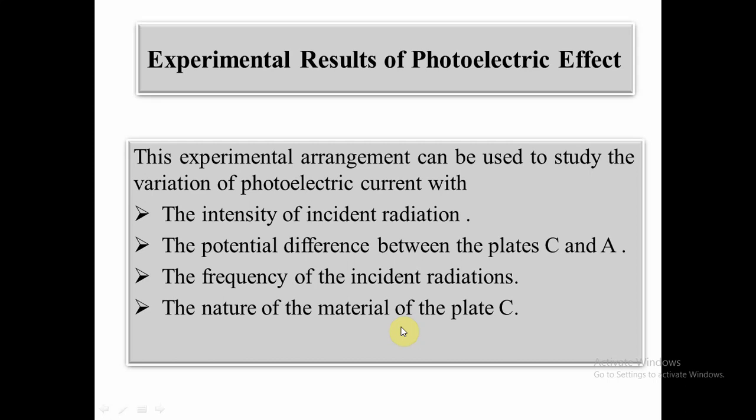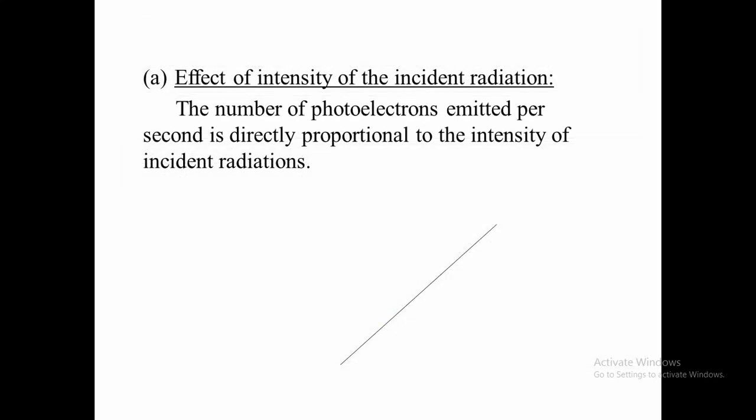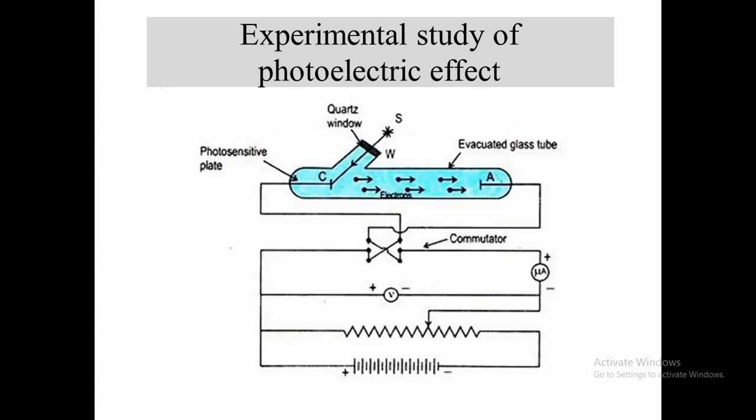Look at the first effect: the intensity of the incident radiation and the photocurrent. Look at the first diagram one more time. Here we have kept the collector plate at a fixed positive potential, and we are choosing a particular suitable frequency of light.